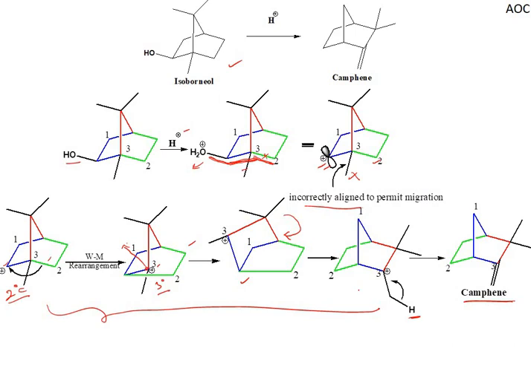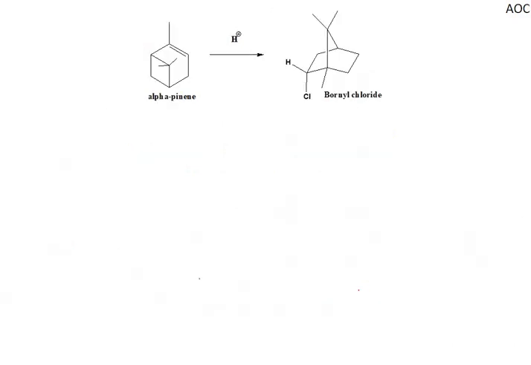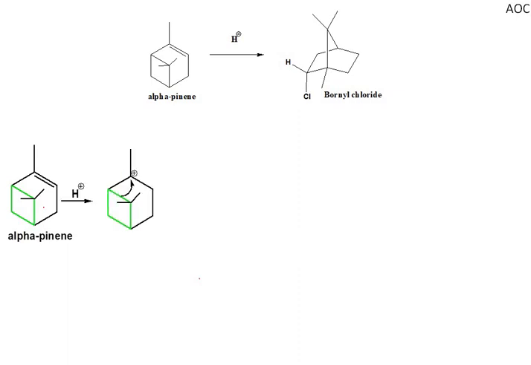So this is important. The third case that I take is that of alpha-pinene converting into bornyl chloride. Here we are not talking about carbocation stability; we will talk about how the strain in the ring is being relieved. This is alpha-pinene and this is a 4-membered ring. In the presence of H positive, the hydrogen gets attached here, so we have a positive charge here.